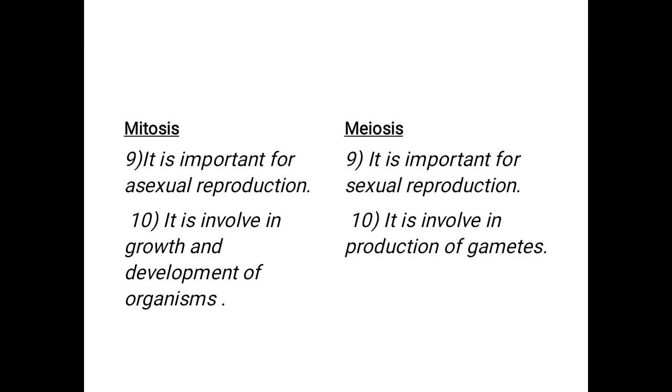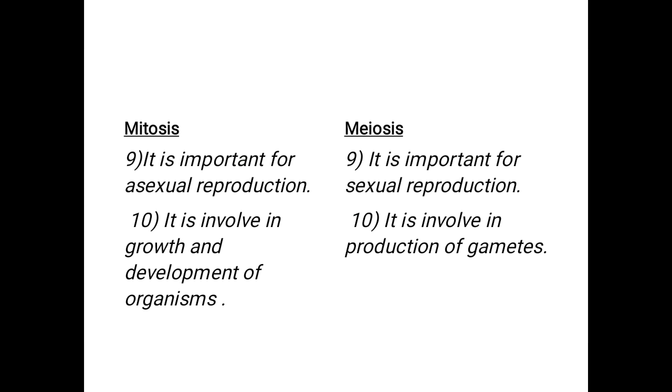The ninth difference between mitosis and meiosis is, mitosis is important for asexual reproduction, while meiosis is important for sexual reproduction. Asexual reproduction mostly takes place in plants, so mitosis is involved in asexual reproduction.